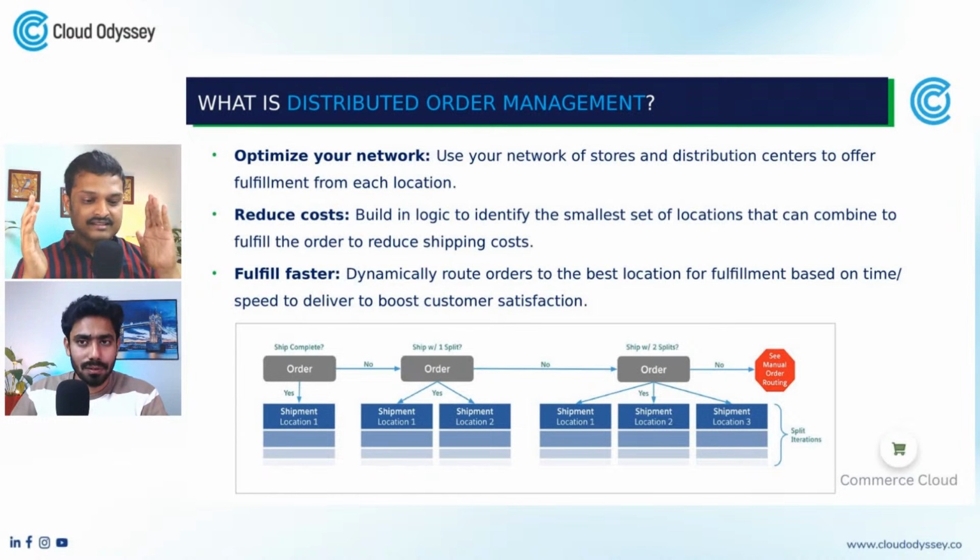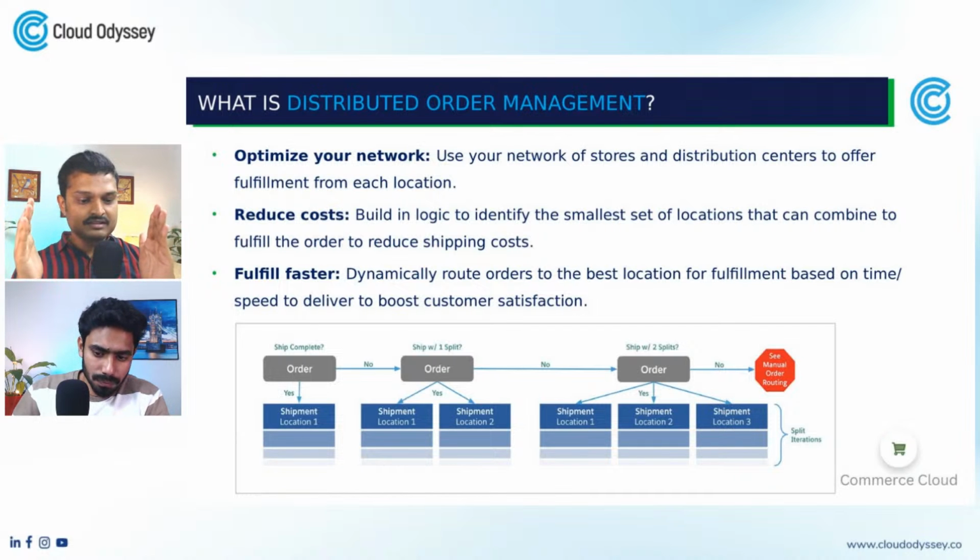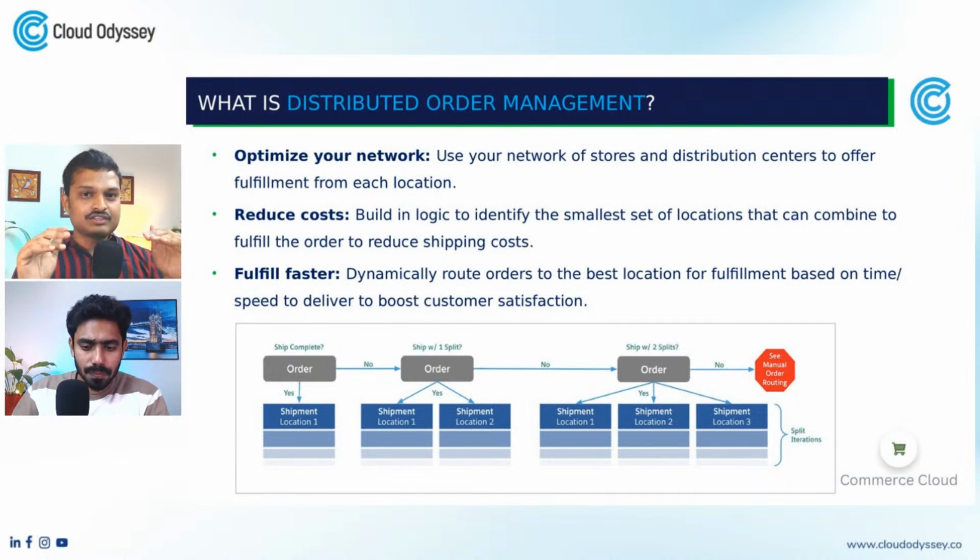If that is not possible, then the first option is one location, and for the second, there are two locations, location 1 and location 2. Here it will check if it can be fulfilled with one split, meaning the mobile by one location and the t-shirt by another location. If it can be done, then it will go with that.